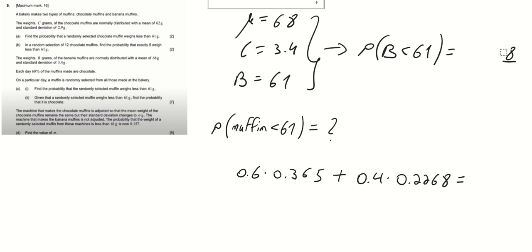The rest is correct, but the probability of a banana muffin to be less than 61 from the calculator is 0.01976. And therefore, this should also be the probability. And now I can finish the calculation.